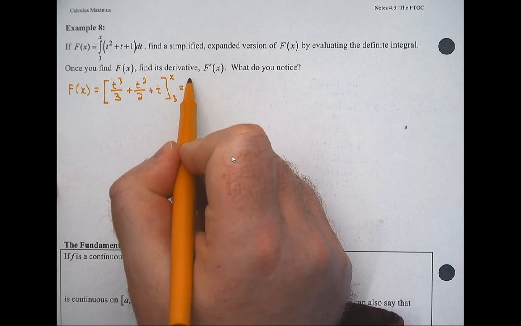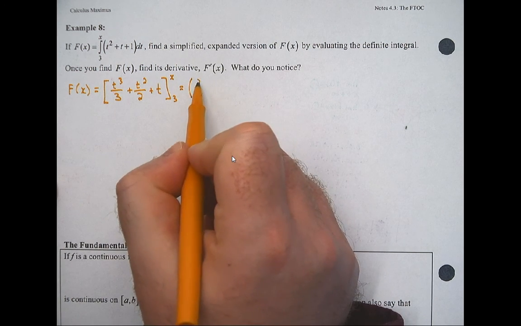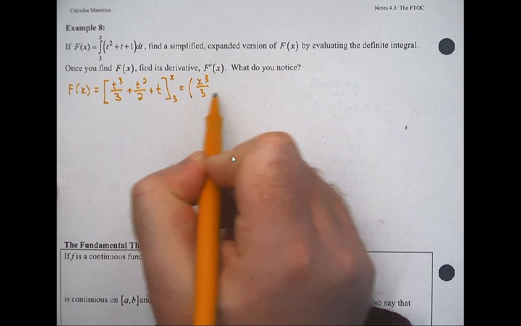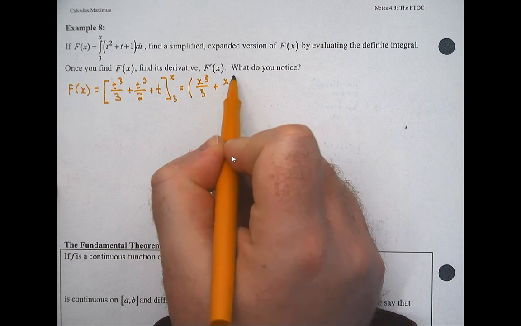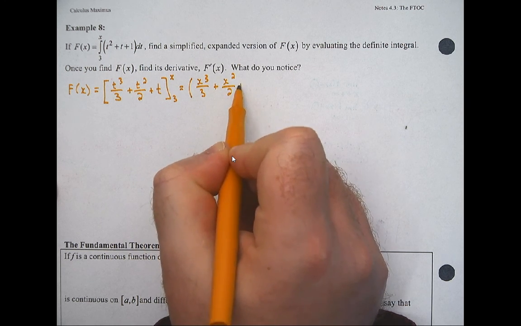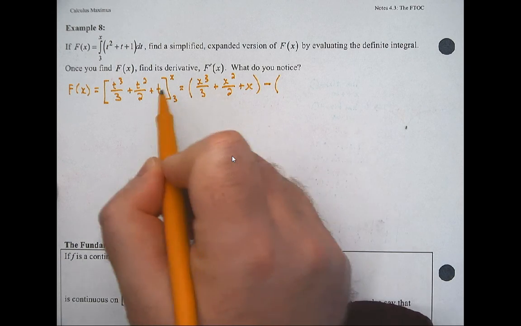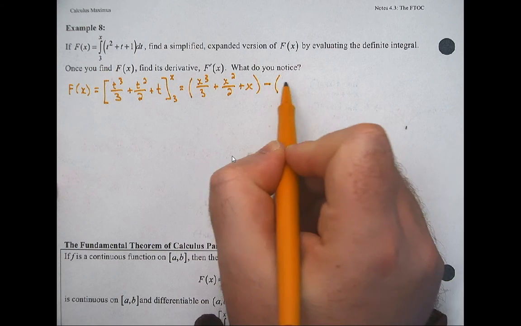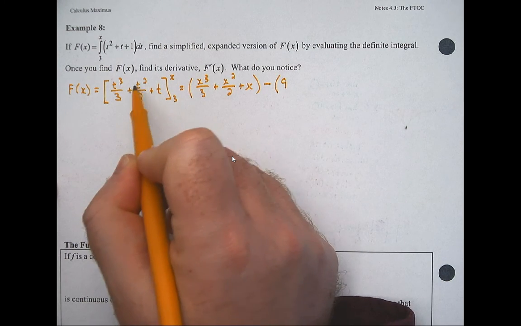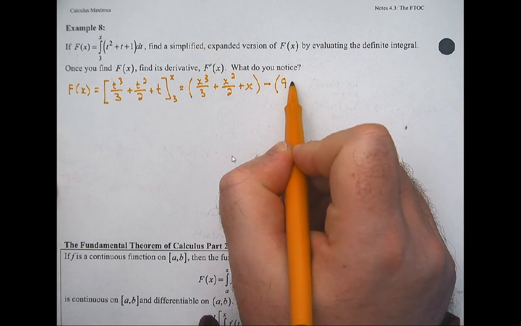So I'll just use parentheses. I don't think I need brackets this time. So I would get x cubed over 3 plus x squared over 2 plus x, subtract 3 cubed, 27 over 3 is 9. 3 squared is 9, over 2 is 9 halves.